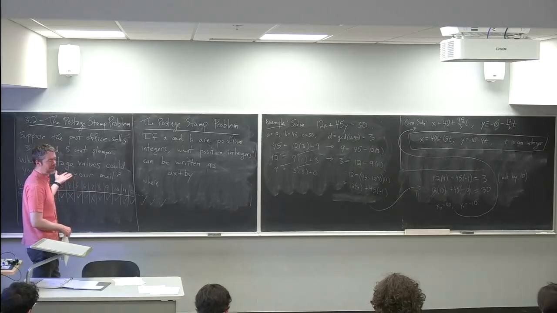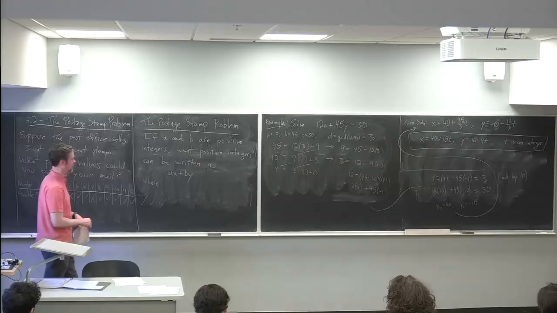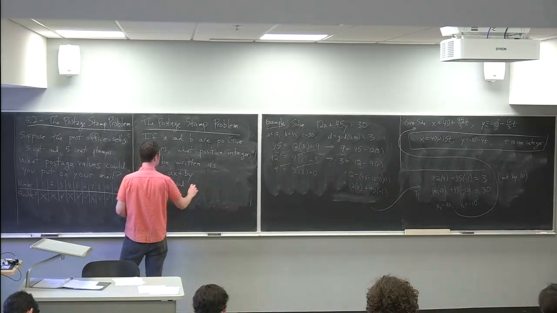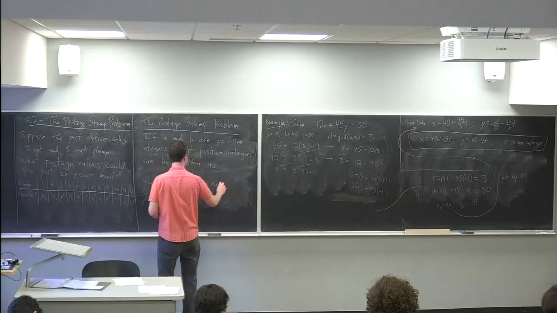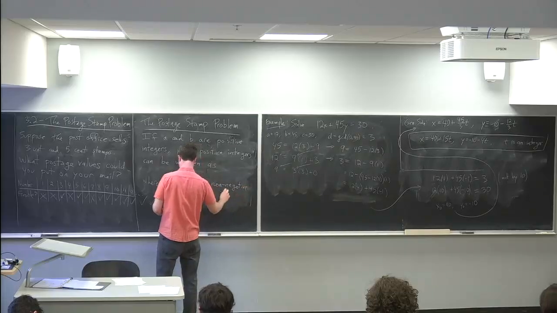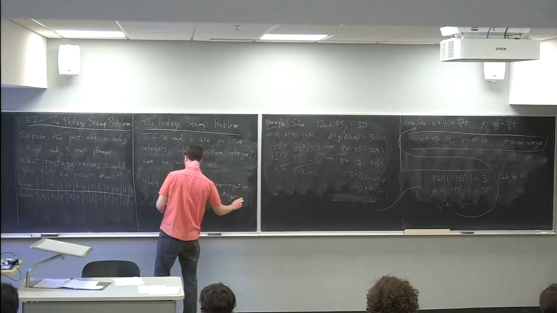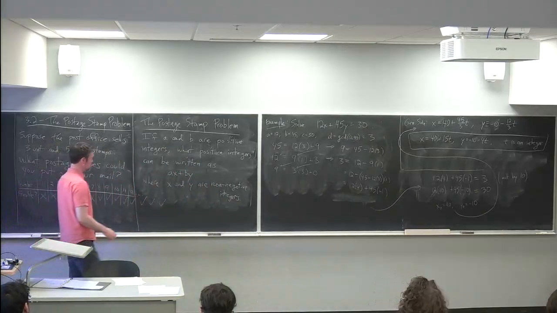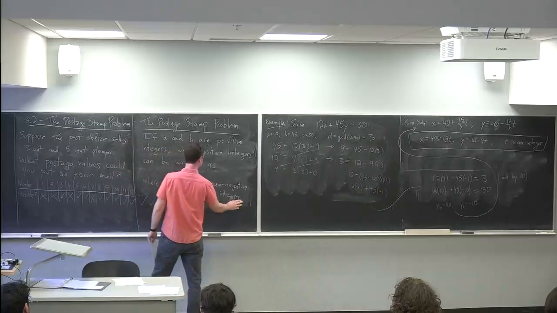Okay, so x and y, we don't want them to be negative. So here x and y are non-negative integers. Okay, and that's the question.